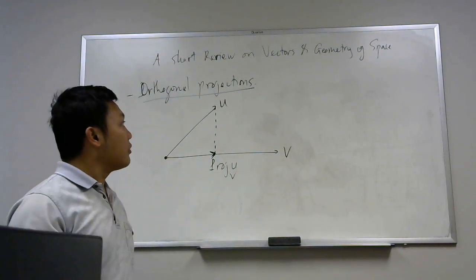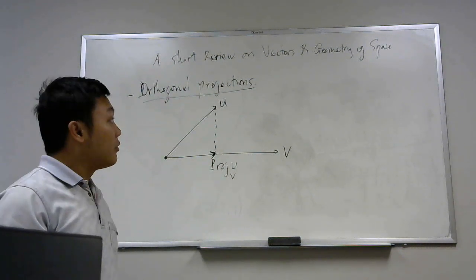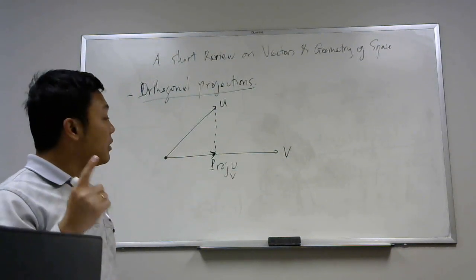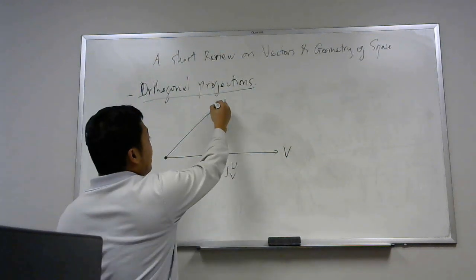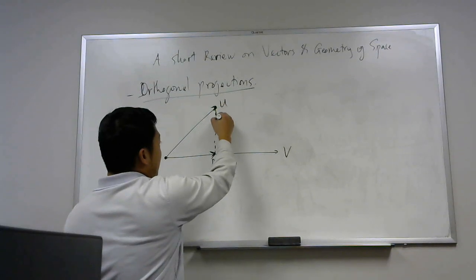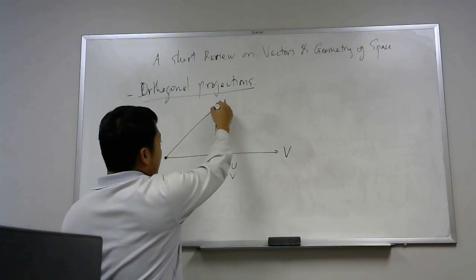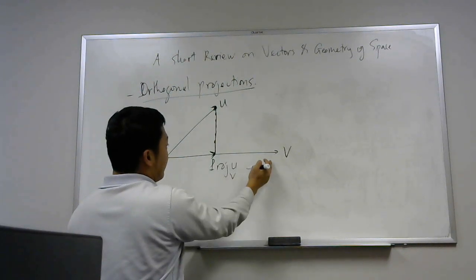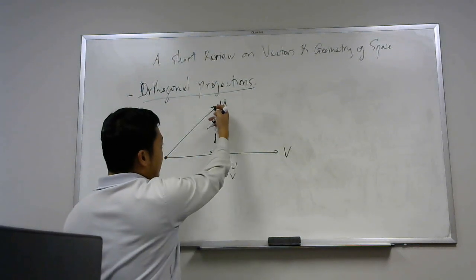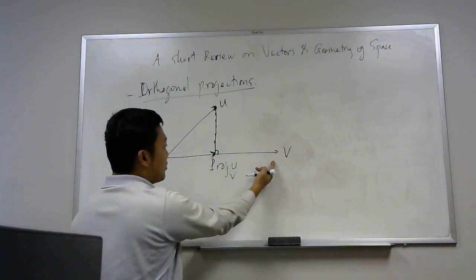The question is, why do we need such projection? We need such projection first, because if you want to find the shortest distance from this point to this straight line, you have to find the projection of this point onto this straight line.